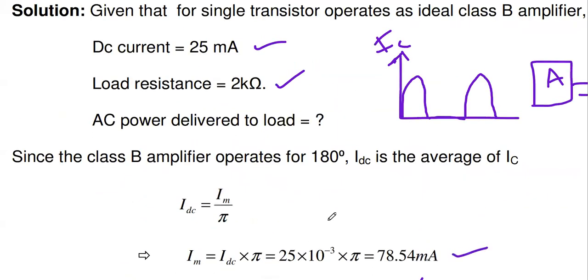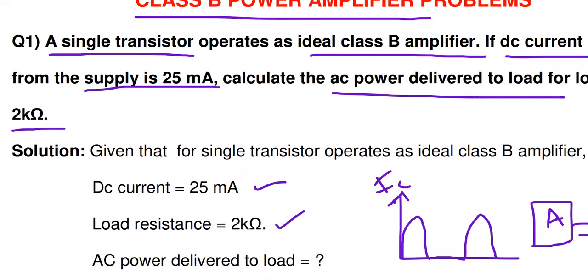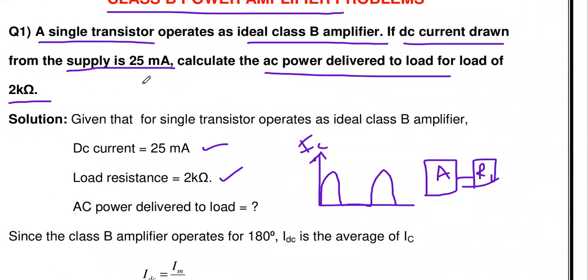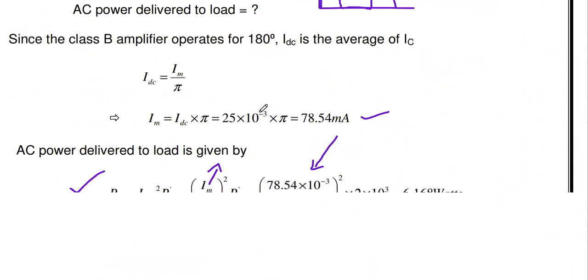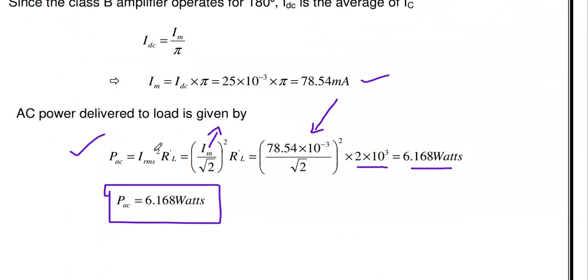Okay, so this is the first question. In that question, two data are given: the collector DC current from the supply, and the load value. So what is the power delivered to the load? In order to find it, you should first calculate IM.